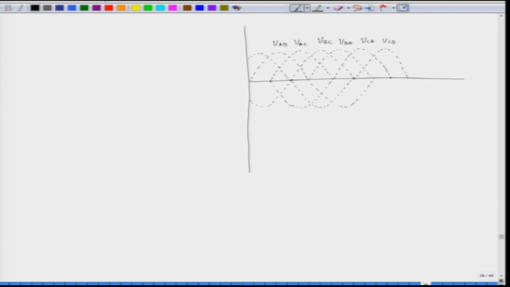So, these waveforms are all symmetrical. So, if we see in an oscilloscope, we will be able to see the various 3-phase voltage waveforms. Now, this is VCB as well.